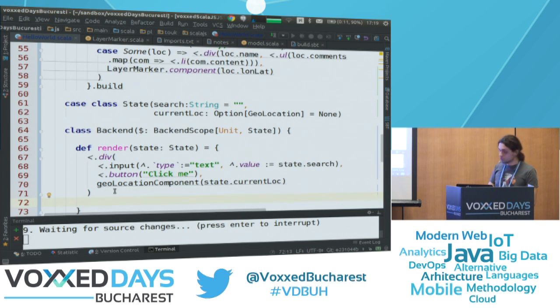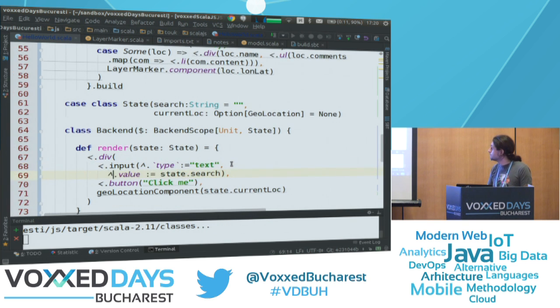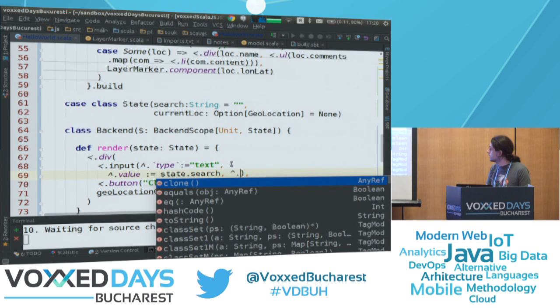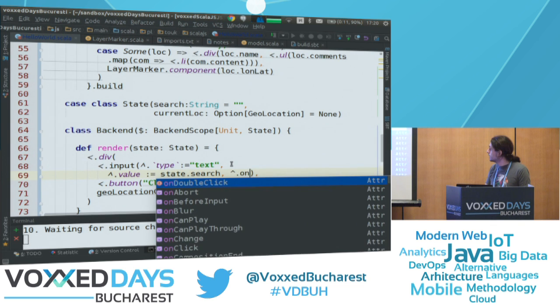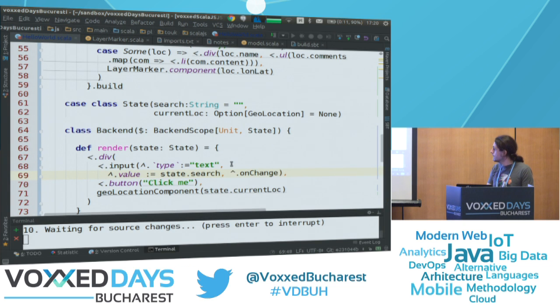So almost everything is in place except one thing, except changing of the state, that is, reaction to clicking the button or entering some text, right? We don't have anything like that here. So we have to define, for example, what happens if we change the value of our input.